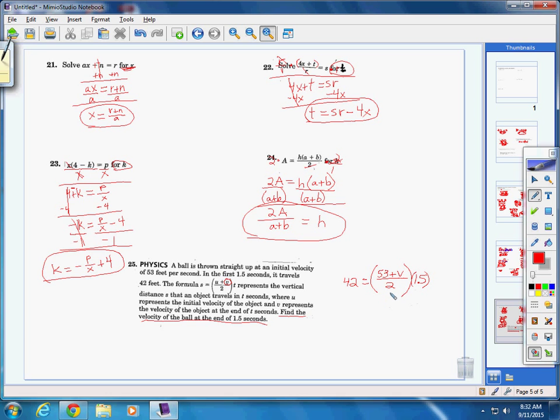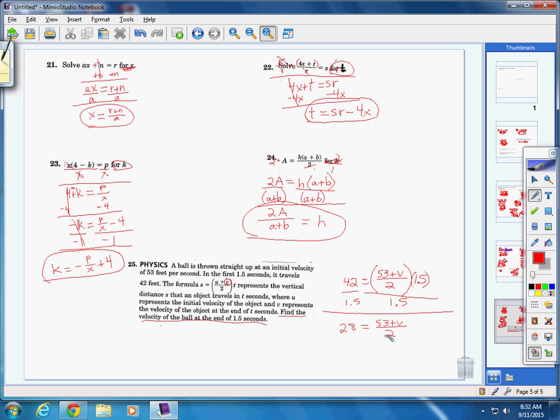Several ways to go about it. I'm going to start by eliminating this guy right here. So I'm going to divide both sides by 1.5. So I should be left with this divided by this is actually 28. And that's equal to 53 plus v over 2.